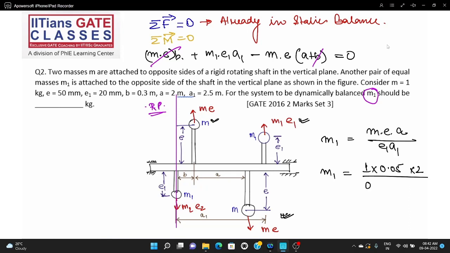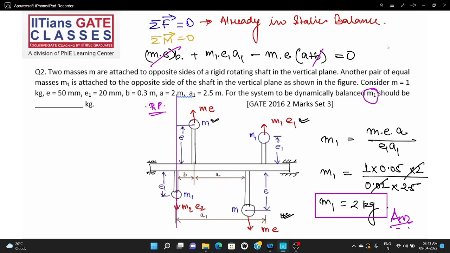E1 is 0.02, into A1 is 2.5. If you calculate from here, 2 will cancel out, 5 divided by 2.5, the value of M1 is equal to 2 kg. The value of M1 is equal to 2 kg. So I hope it is clear to all of you.